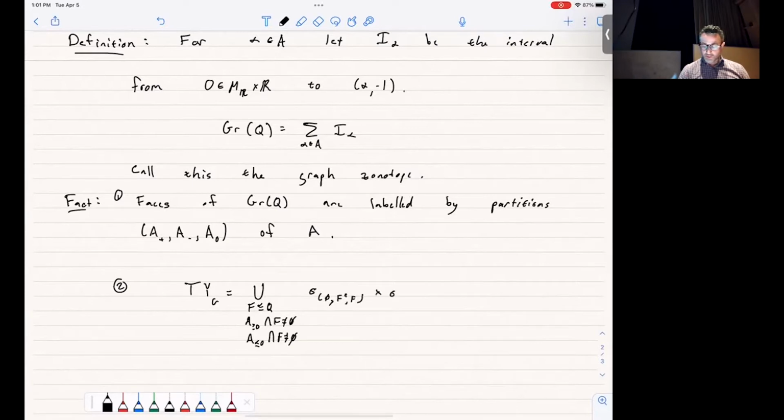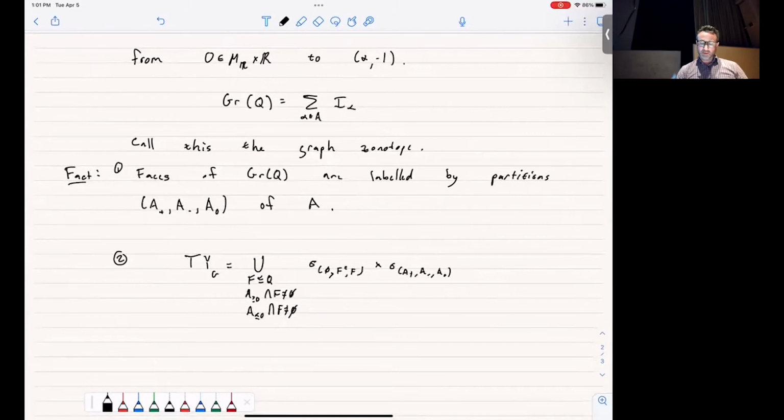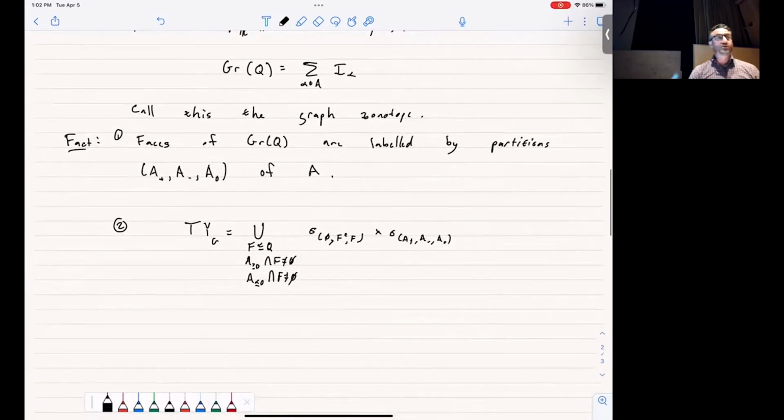Now the reason I'm mentioning this is that this gives us a way of understanding the local structure of this tangent space at a corner point. We want to do that so that we can understand an interpretation of what a Lagrangian might look like locally by using this fan structure.